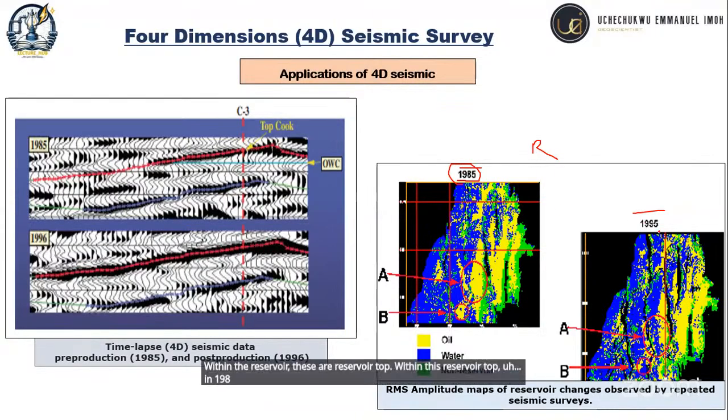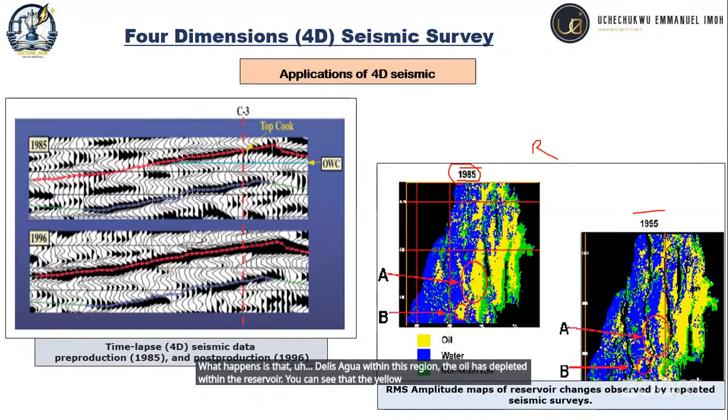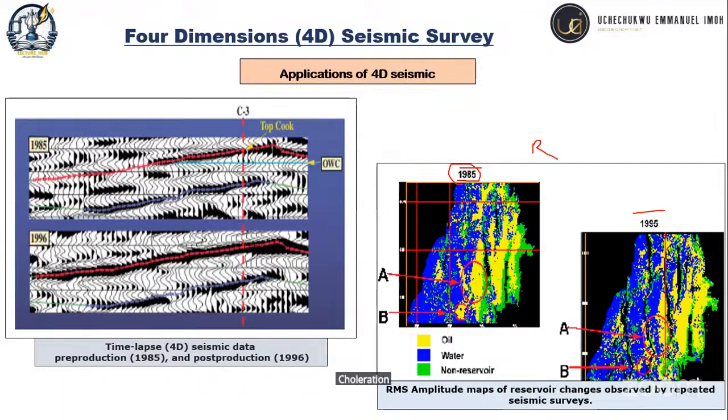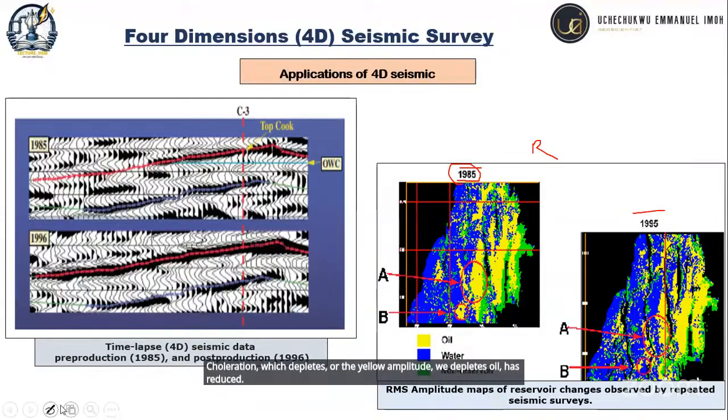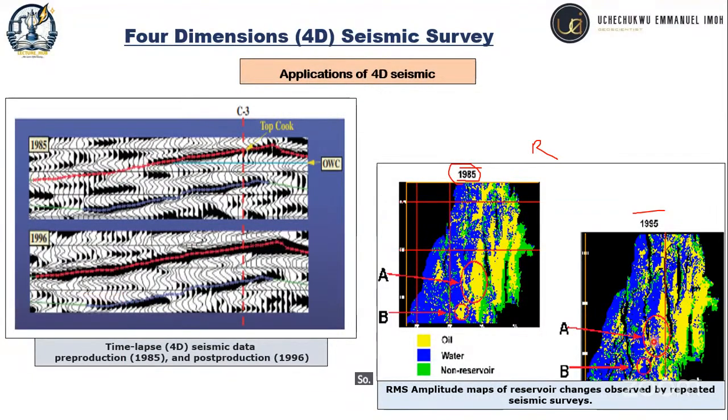Now by 1995, what happens is that within this region, the oil has depleted within the reservoir. You can see that the yellow amplitude, which indicates oil, has reduced on the image on the right. So in this area, the oil has depleted, but that is for the area that is circled in red.